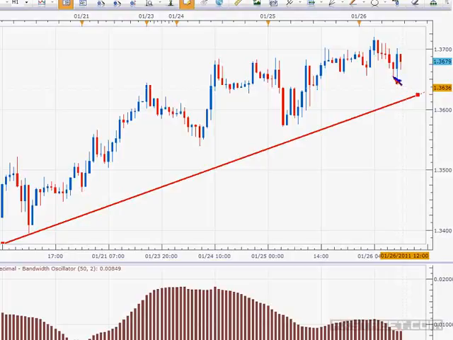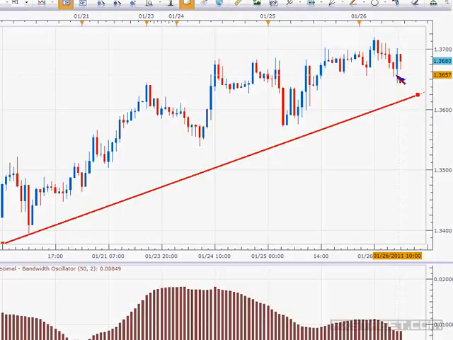However, this candle formed nowhere near my support line. So therefore, I would give less importance to this bullish engulfing candle formation. If it occurred right on top of my upward sloping support line, then I would give more credence to it and feel better about this bullish move to the upside.